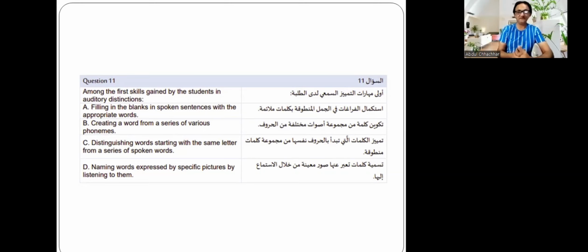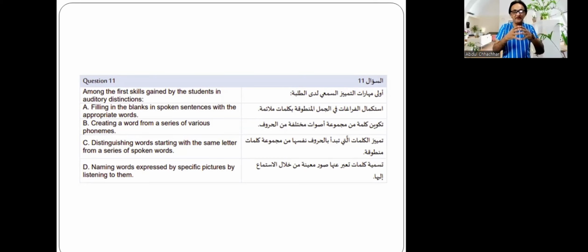That is not making any kind of discrimination or distinction, so that's also removed. Fill in the blanks in spoken sentences with the appropriate words doesn't make auditory discrimination either.